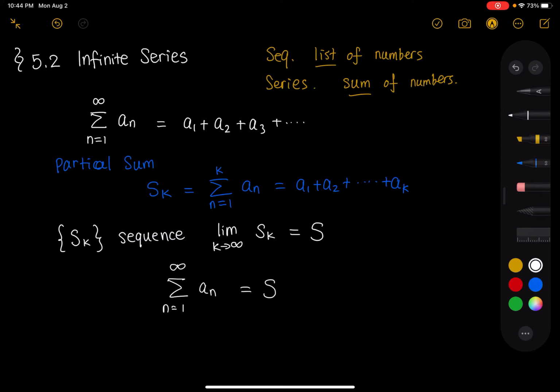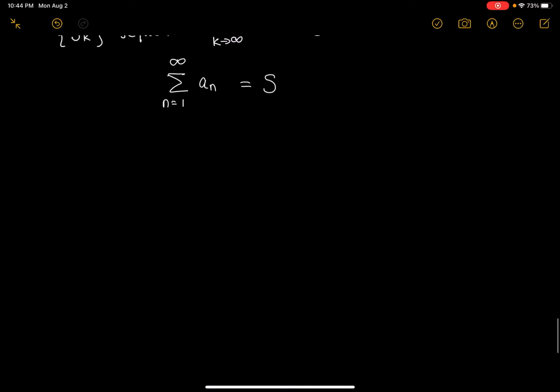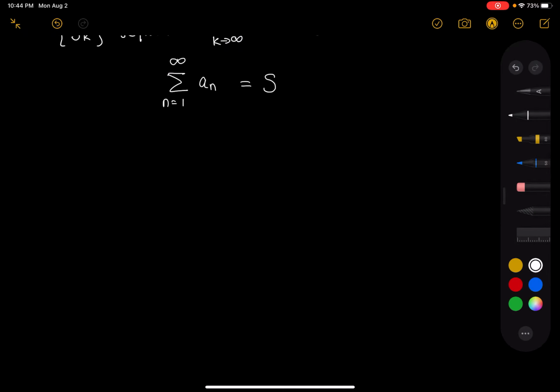So if S is a real number, then we call the series convergent. Otherwise, it's divergent. So how do we understand this definition? We will need to take a look at some examples.